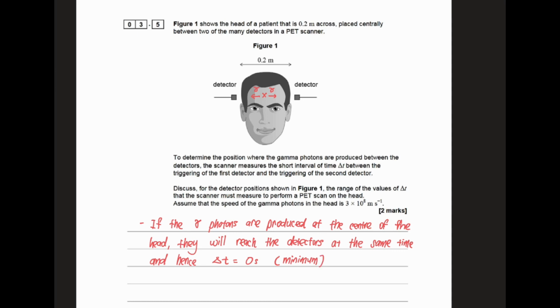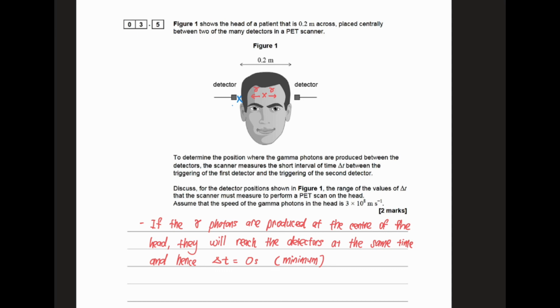Okay, now let's consider another situation. Let's say the patient has a tumor at the side of the head, somewhere near here. Okay, so let's say I put a cross there. Let's say the tumor is very near to this detector on the left. So again, this patient is taking the tracer.